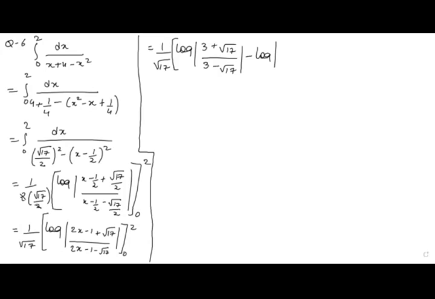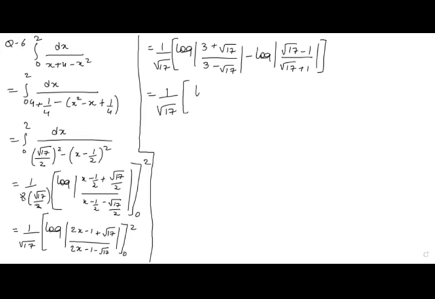If I keep the value of x as 0, then 2 zeros are 0, I will get root 17 minus 1 upon minus 1 minus root 17. I will take that minus common, and as it is mod, I can write this as root 17 plus 1.